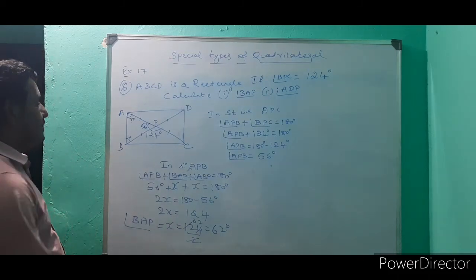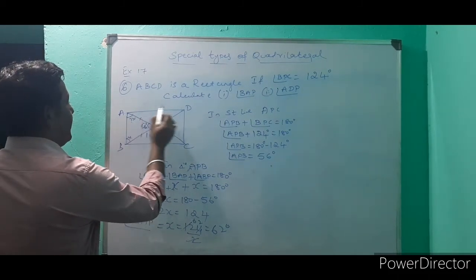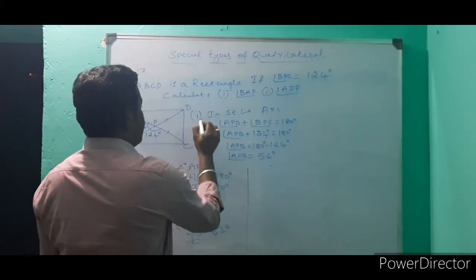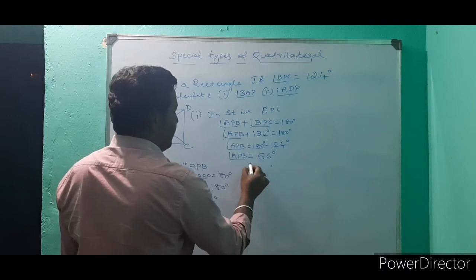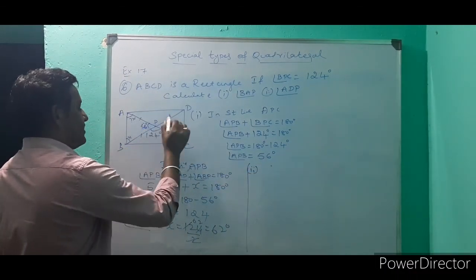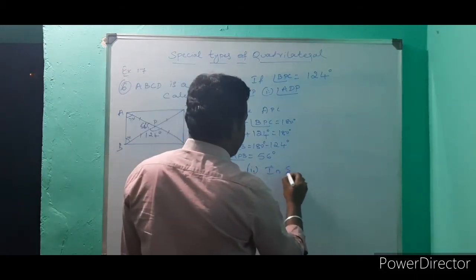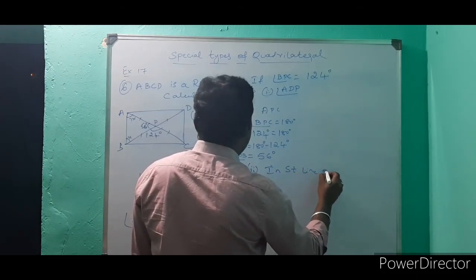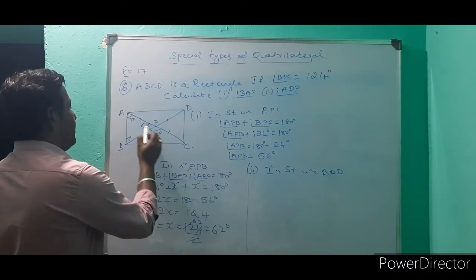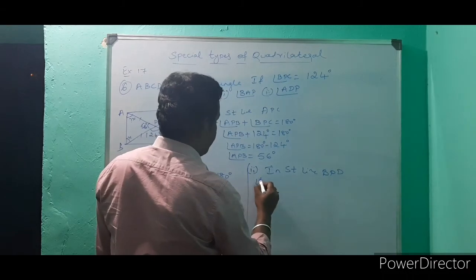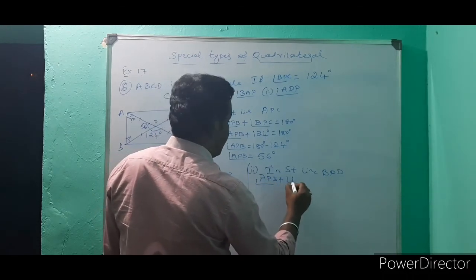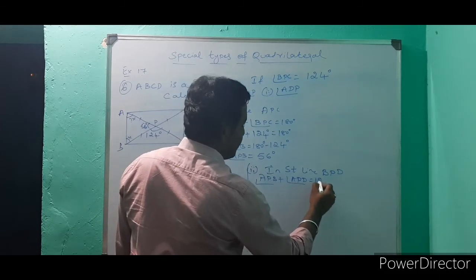So next step, if you want to find ADP, that was for the first one, for the second one it is the same. You can take the straight line BPD. Which are the angles? APB plus APD is equal to 180 degree.